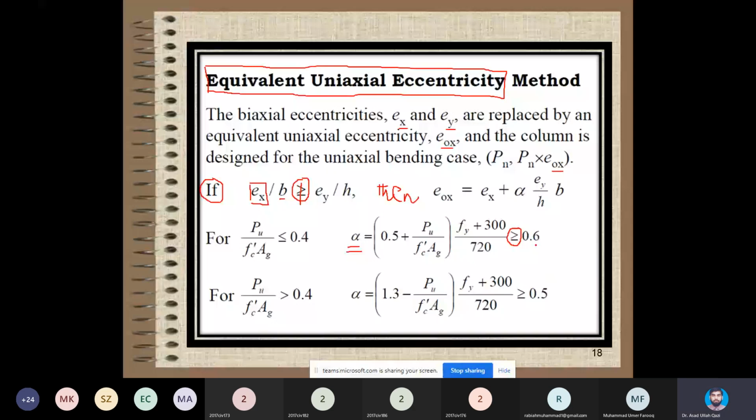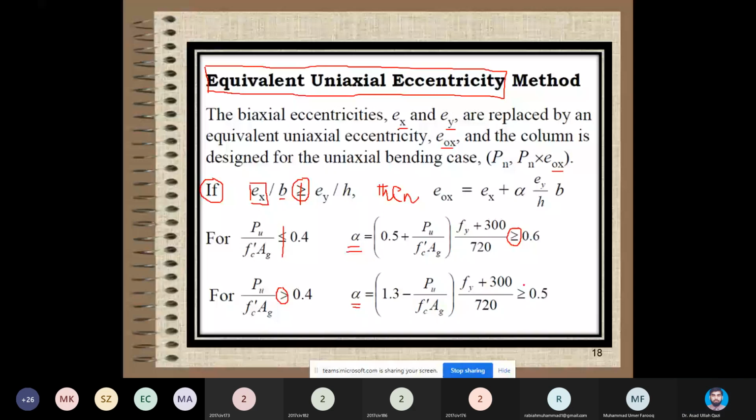However, if this Pu over fc prime Ag is not less than or equal to 0.4, then the lower equation will become applicable, and then alpha you will calculate from this, and this equation also recommends that your alpha should not be less than 0.5, 50 percent.